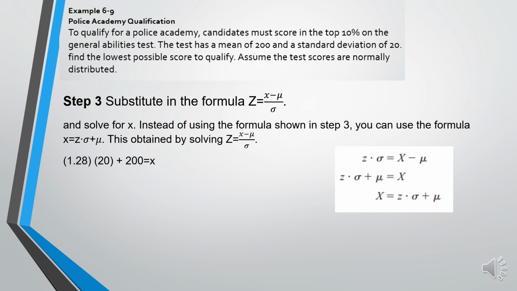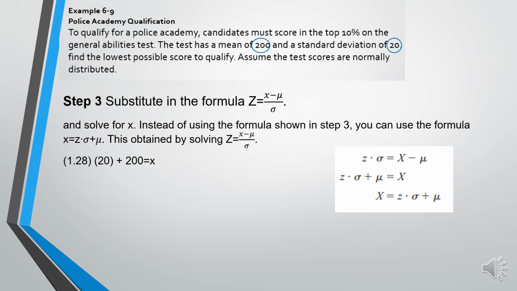So, now, by substituting the values in the given formula. 1.28 is the corresponding z-value in step 2. Next, the value of the standard deviation is 20, plus the mean is equal to 200, which is given above.